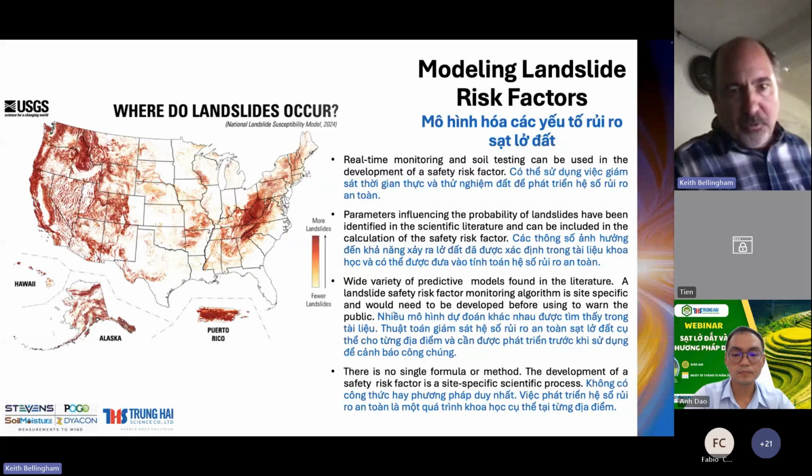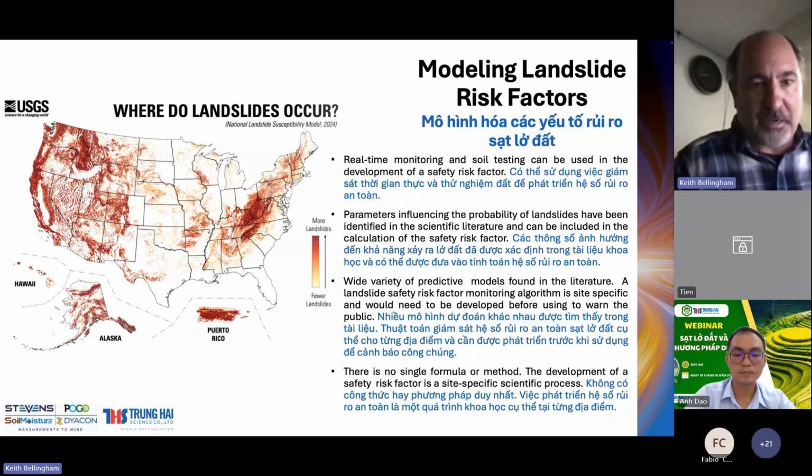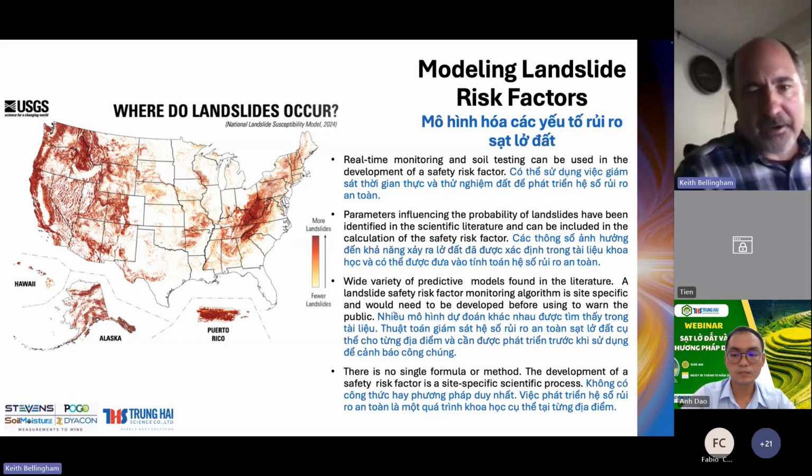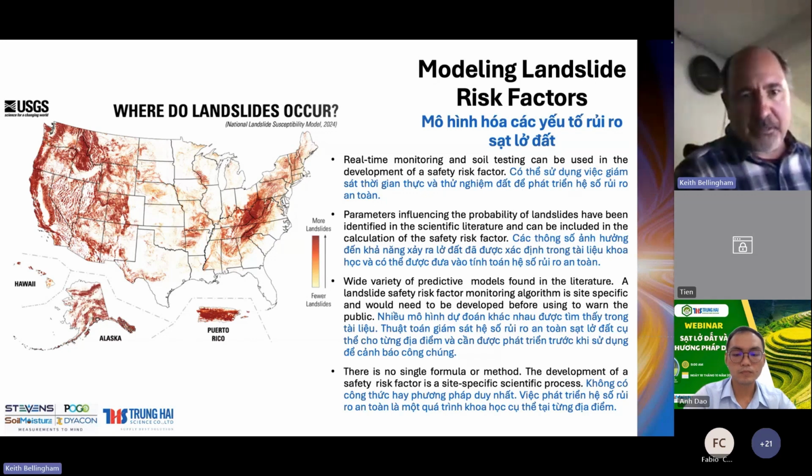Real-time monitoring and soil testing can be used to develop a safety risk factor. The parameters influencing the properties of landslides have been identified in the scientific literature and can be included in a calculation for a risk factor. There's a wide variety of predictive models found in the literature.